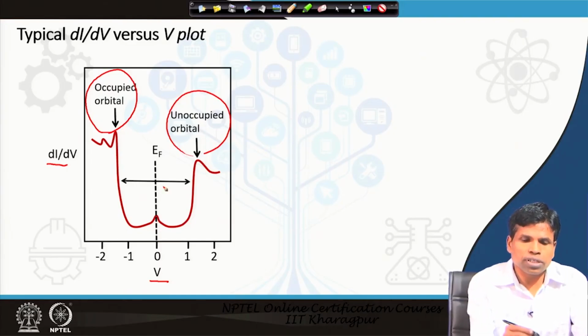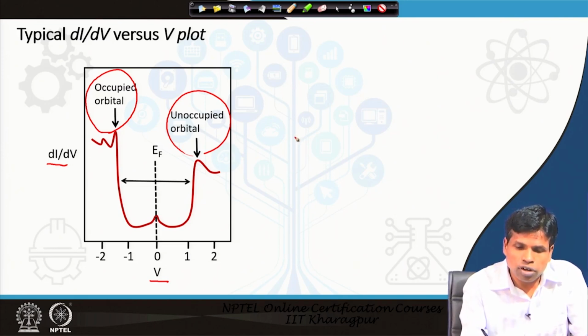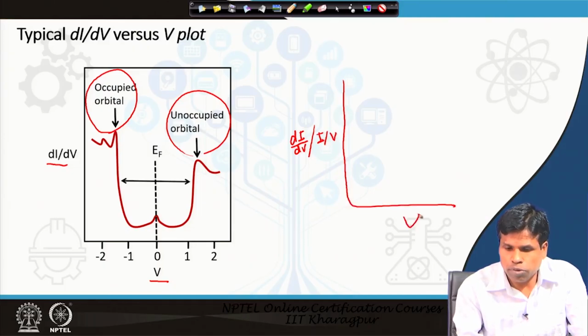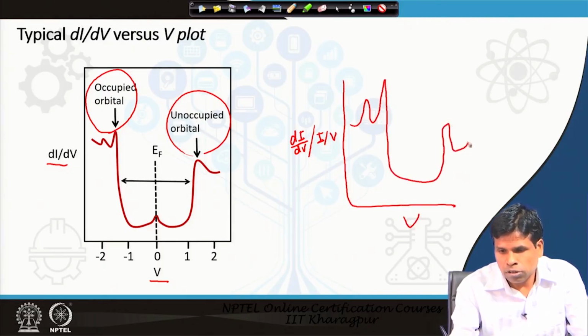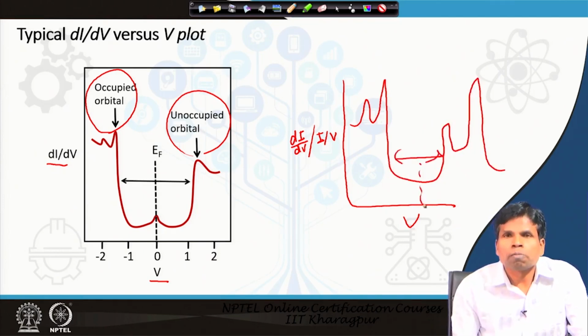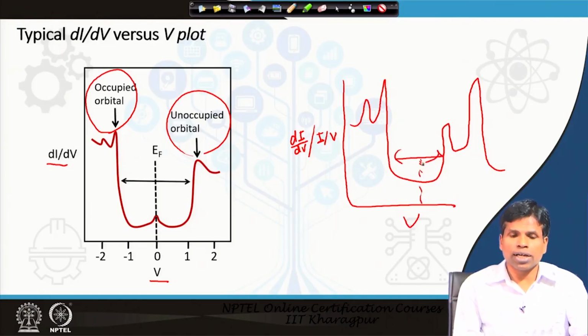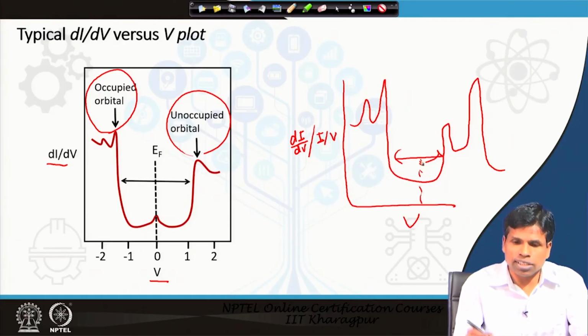This type of density of states is also obtained by plotting dI/dV versus I/V, and one can get this type of plot. These show the energy gap between the unoccupied and occupied levels of the surface atoms, thus giving the local density of states.